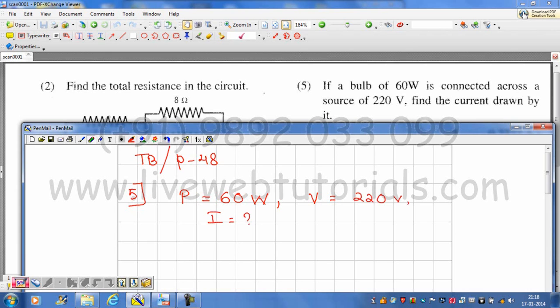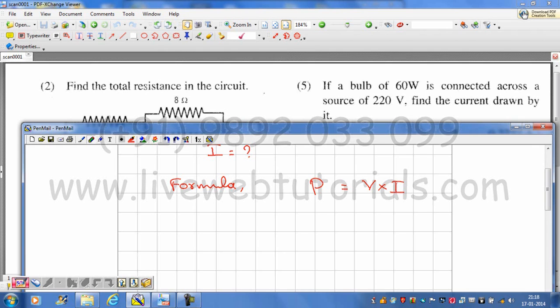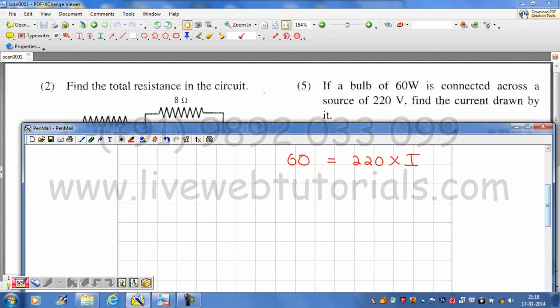The formula is straightforward, very simple. Power is equal to V into I or VI. Power is 60 watts is equal to, the voltage is 220 volts multiplied by I. So 60 divided by 220 will give the value of current. 2 3s are 6, 2 11s are 22.